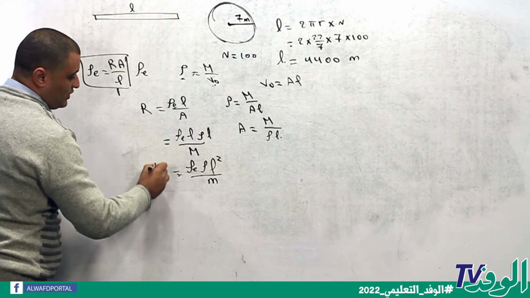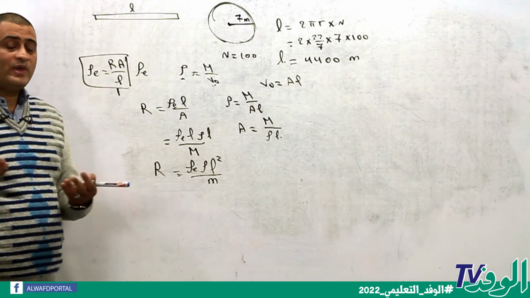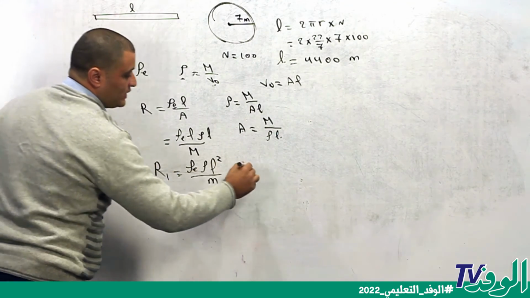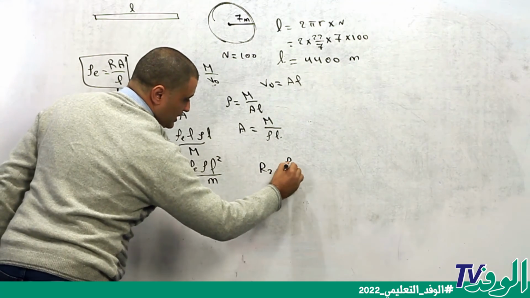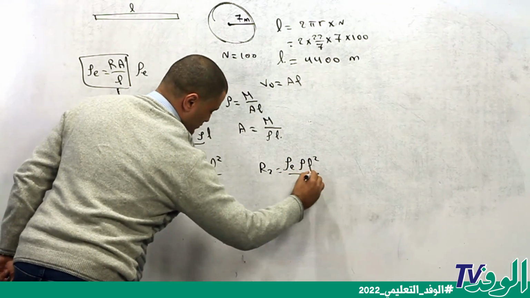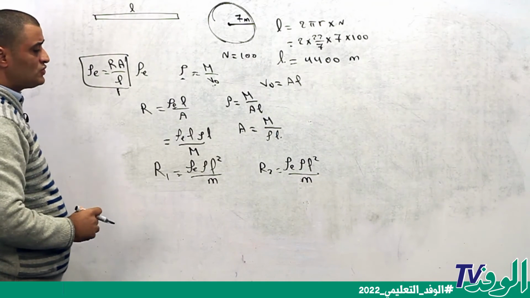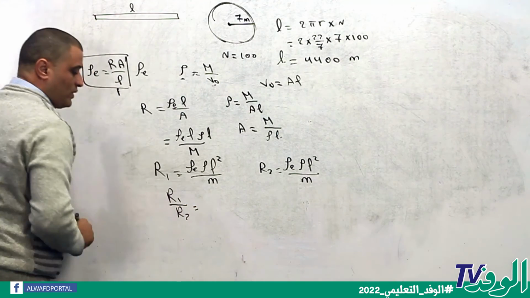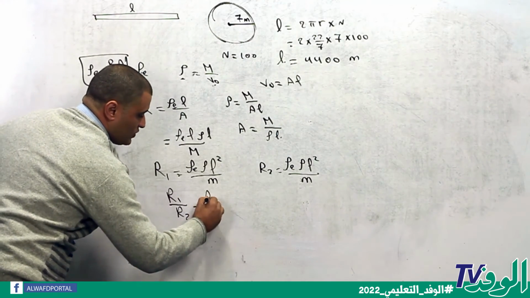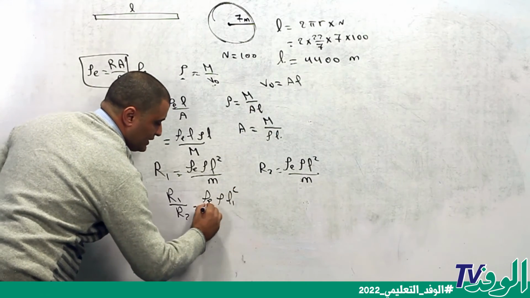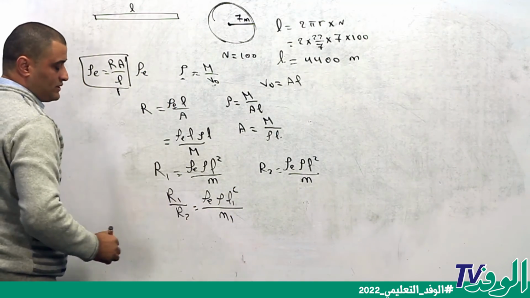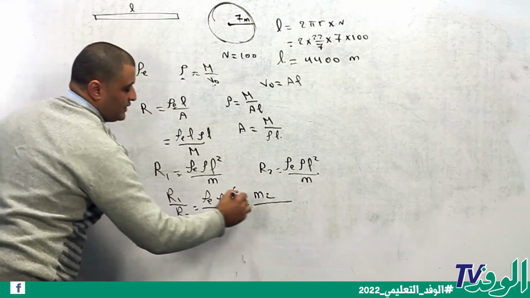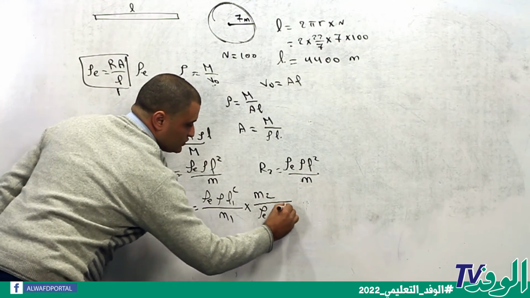This is for R. To make a comparison between two wires, the first one has R1 and the second one has R2, which equals rho e rho L power 2 over M. So R1 divided by R2 will equal rho e rho L1 square divided by M1 for the first wire, multiply M2 divided by rho e rho L2 square.